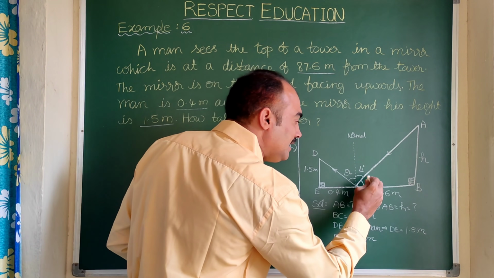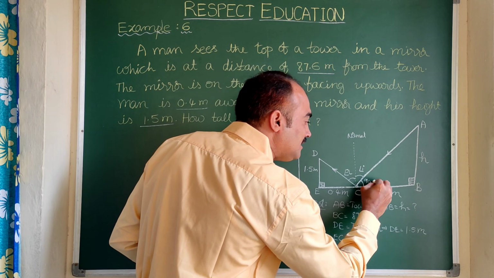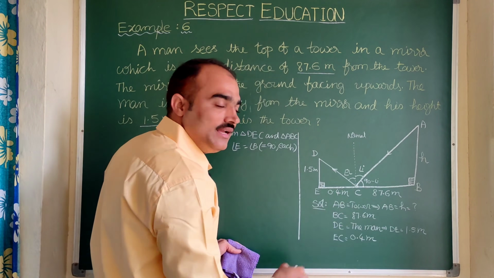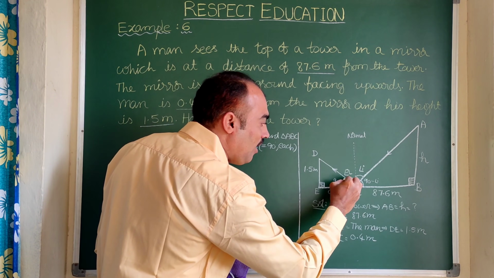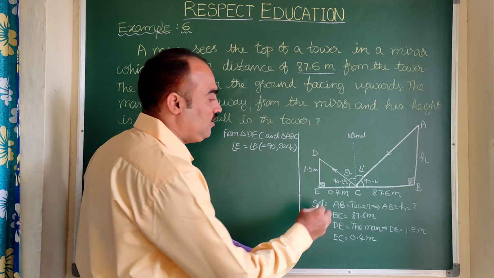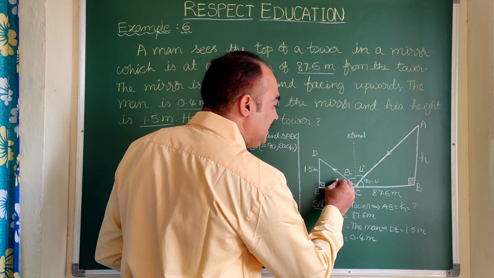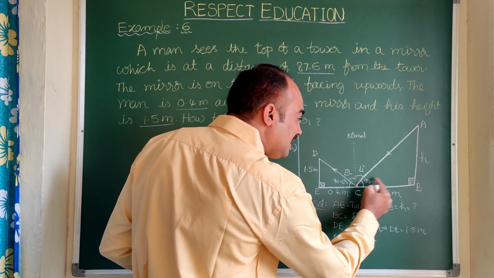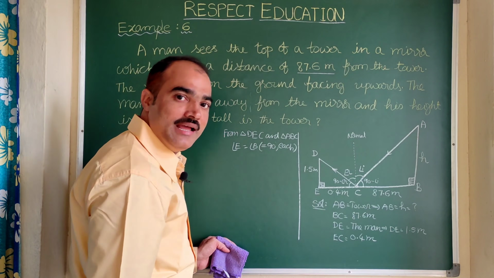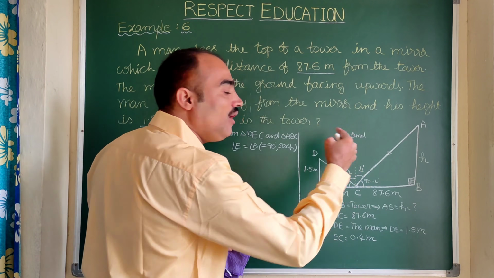So this angle is 90 minus angle I, and this angle is 90 minus angle R. Here angle C indicates 90 minus angle R, and this side angle C indicates 90 minus angle I. As you know, I equals R.